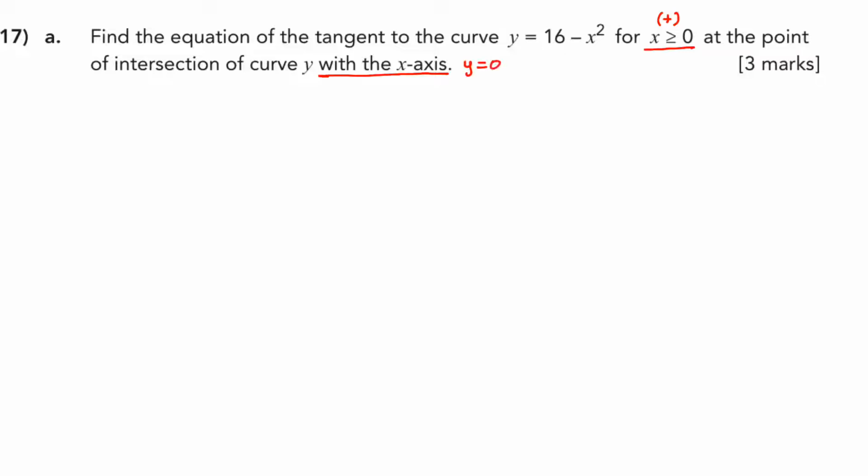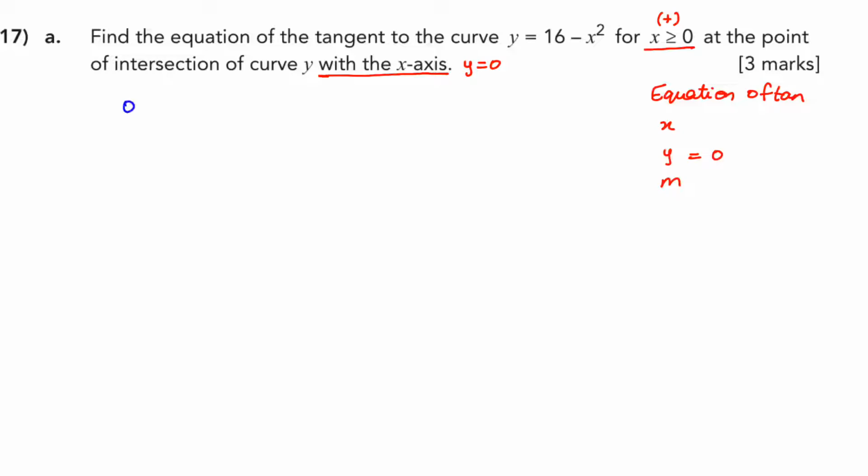It means that y is equal to 0. If it intersects with the y-axis, your x is equal to 0. Before we begin, always remember that for equation of tangent, you need three things: x, y, and the gradient. You already have your y. Now you have to find your x and the gradient.